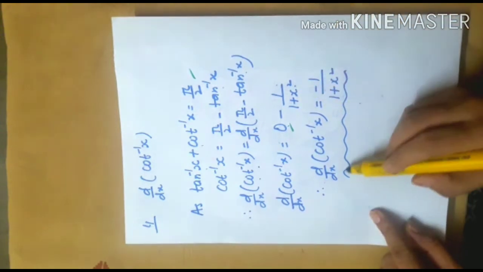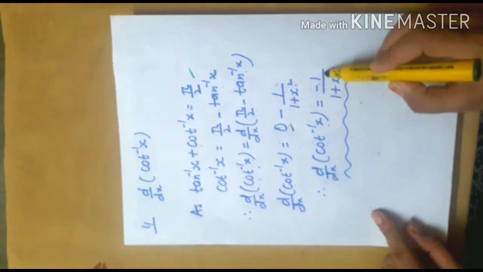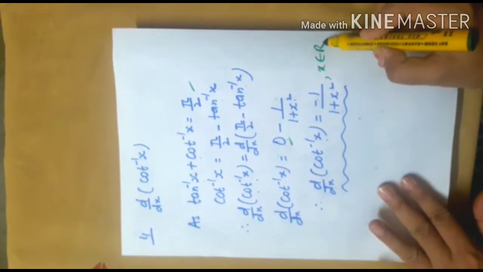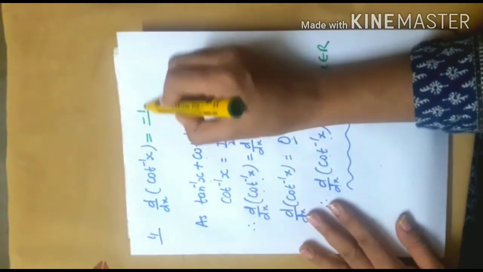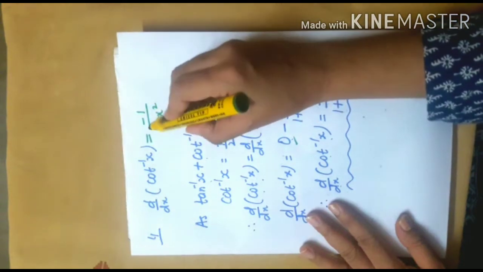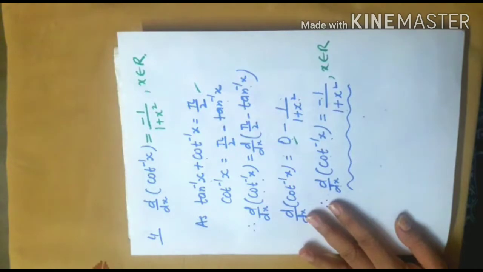So the derivative of cot inverse x is minus 1 over 1 plus x square, and here x belongs to R. So remember this: the derivative of cot inverse x is minus 1 over 1 plus x square, where x belongs to R.